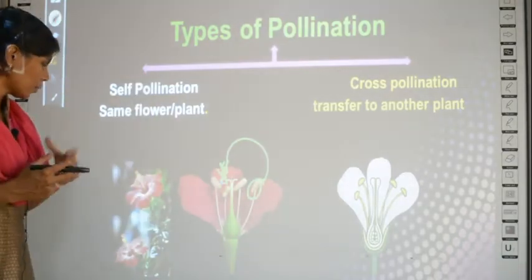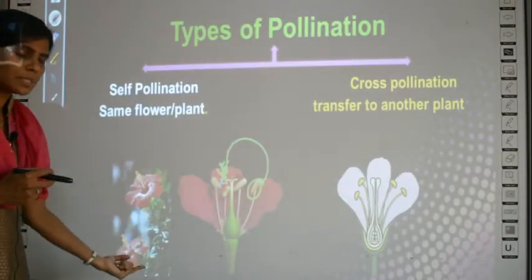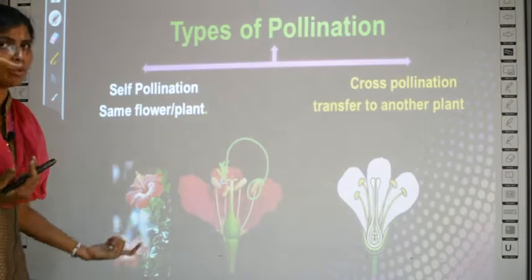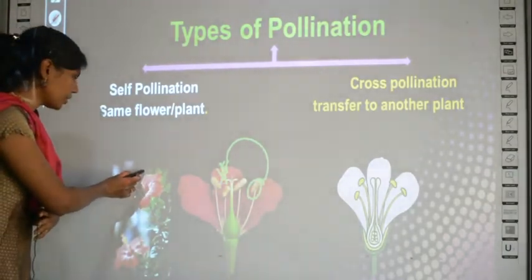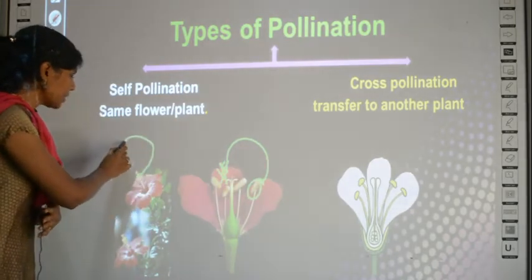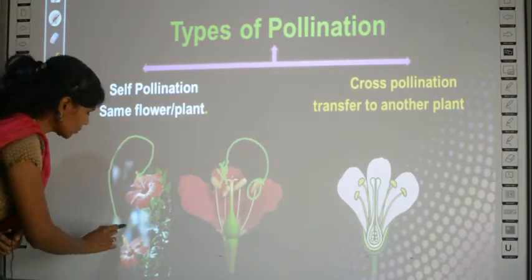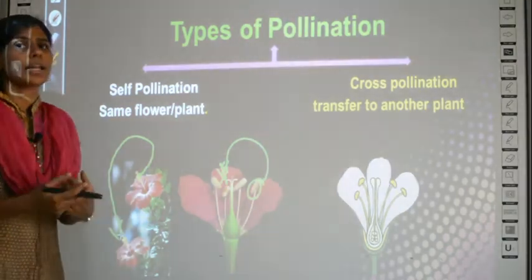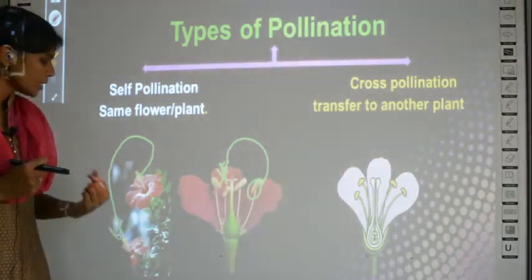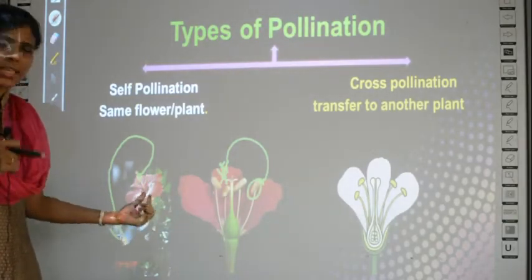Another possibility is, see, this is a hibiscus plant and this plant has two flowers. Where is the pollen? This yellow color structure is the pollen, right? Suppose from this flower, if it is transferred to the stigma of this flower, then also it is called self-pollination because it is happening within the same plant.